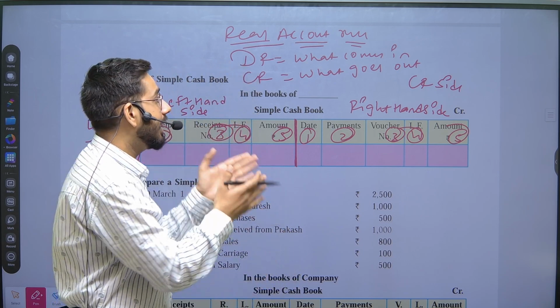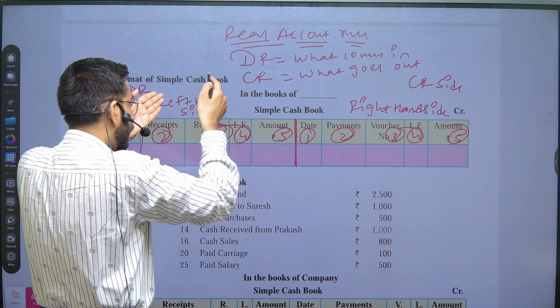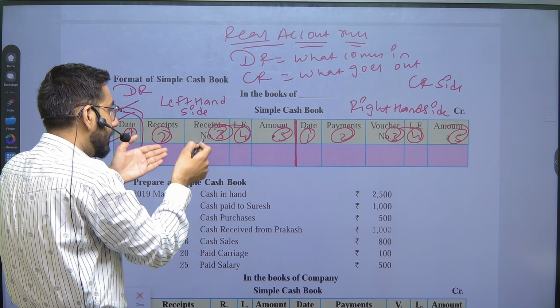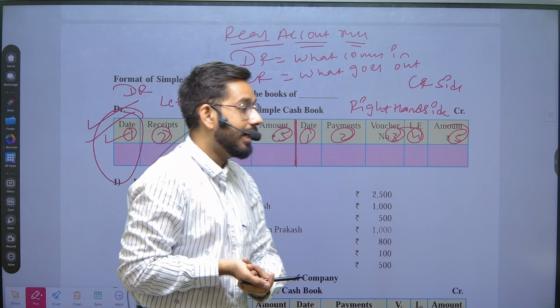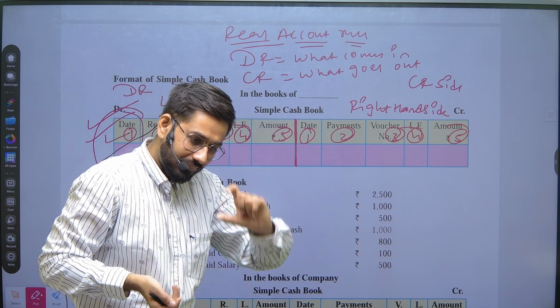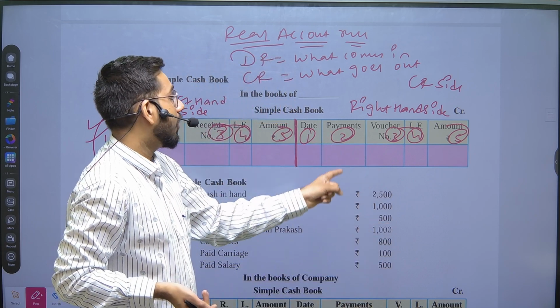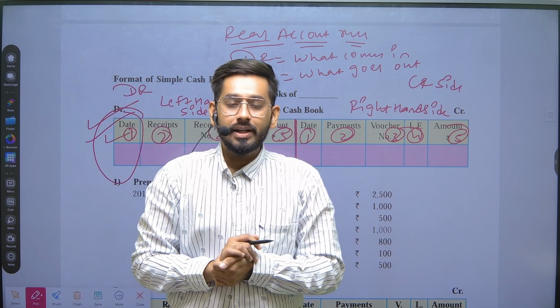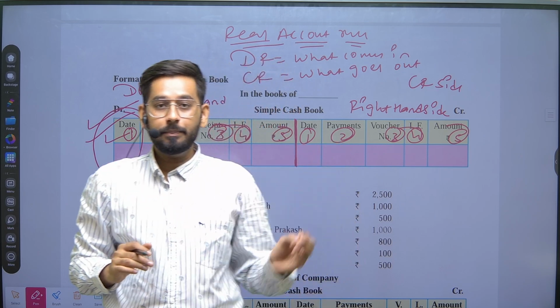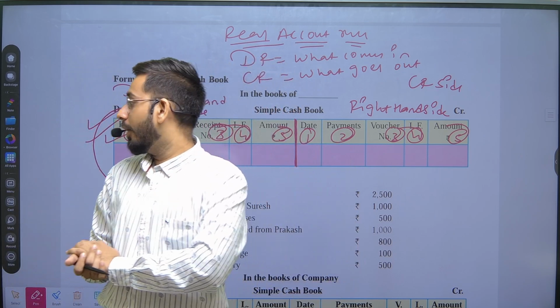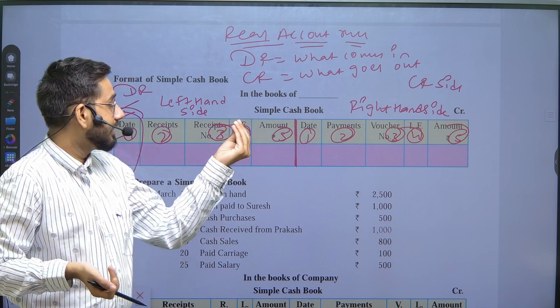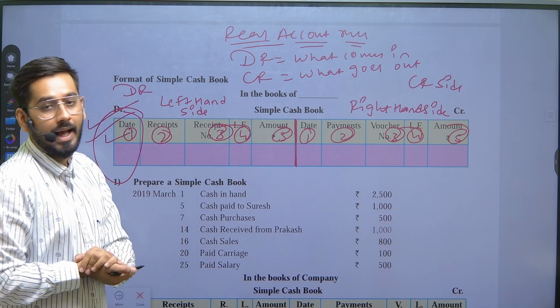Because the rule is debit what comes in, so what comes into your business is recorded on the receipt side, and credit what goes out. It means if cash is going out of the business, it is recorded on the payment side of the cash book. So this is the simplest format and meaning of the cash book.